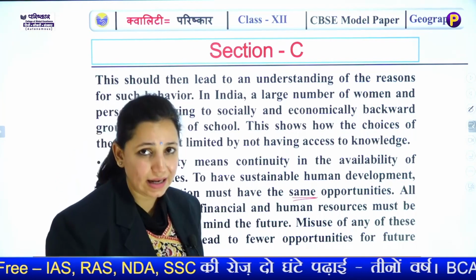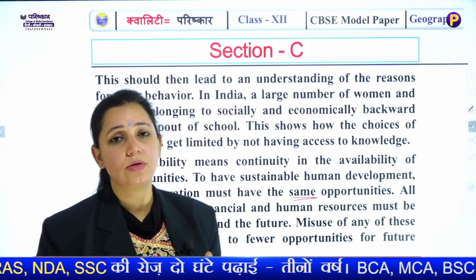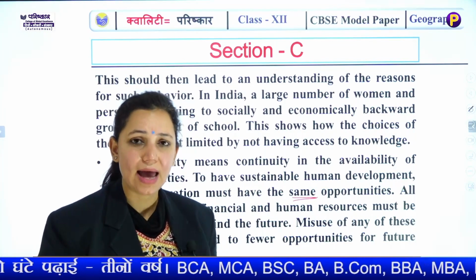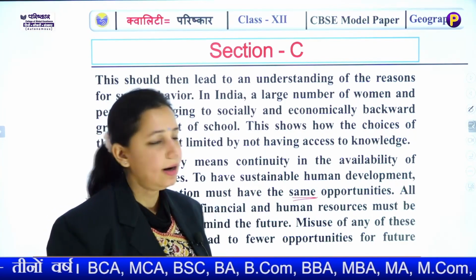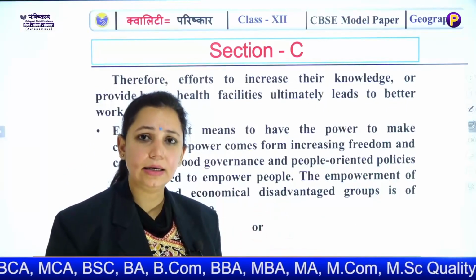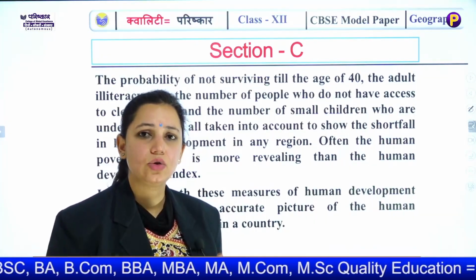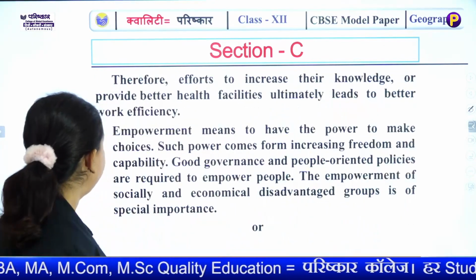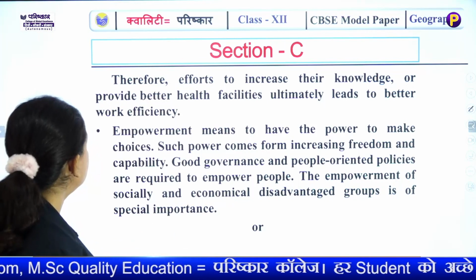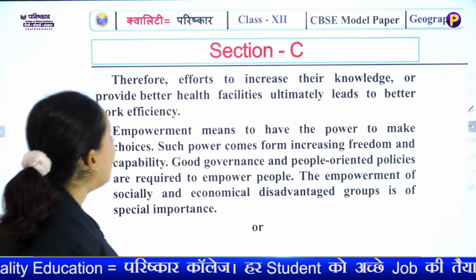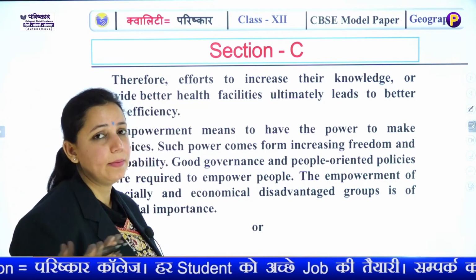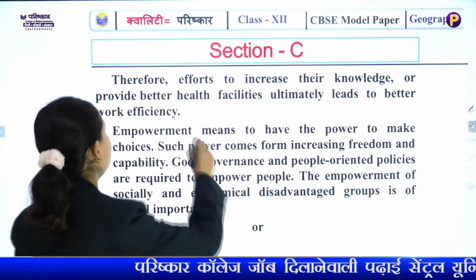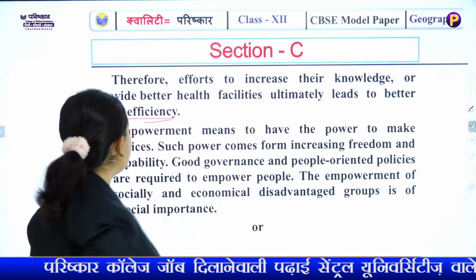If you are exploiting and exhausting your human resources and not enhancing their capabilities, you are again curtailing their freedom and choices, and this leads to fewer opportunities for them. Therefore, if you make efforts to increase their knowledge or provide better health facilities, and ultimately a decent work opportunity and decent standard of living, it will definitely increase work efficiency.